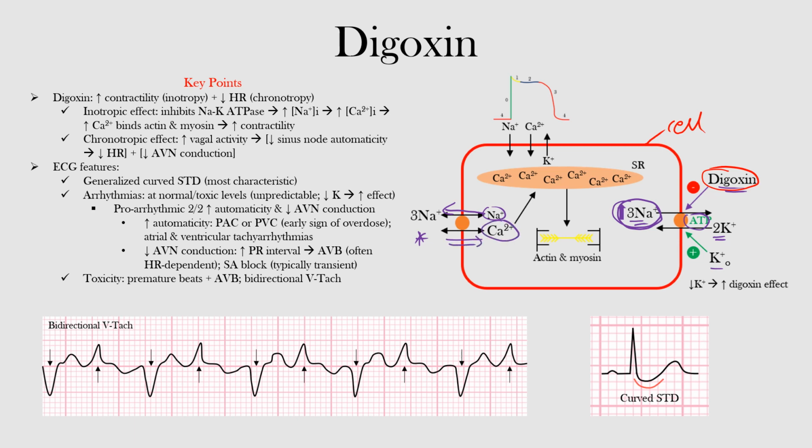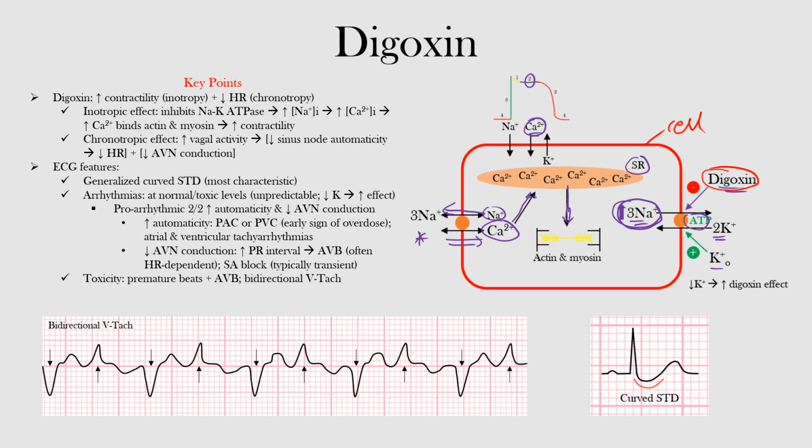That increase in calcium coming into the cell will then enter our sarcoplasmic reticulum, and because of the increase in calcium, we'll have more calcium that can bind these contractile proteins that act in myosin, and because of that, this will lead to stronger contractions of these cardiomyocytes, okay? Remember, here's our plateau phase where calcium is, and that's where we see this effect really taking place. So this is the inotropic effect, okay?